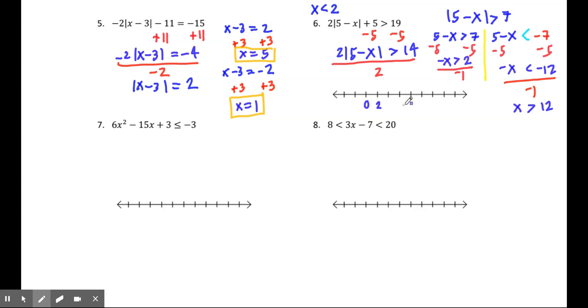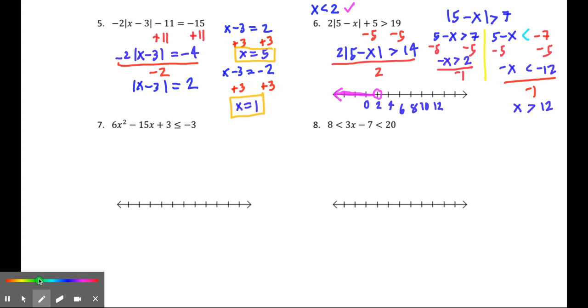So if you go by 2s, for instance, then actually go by 2s. Okay, so x is less than negative 2 means that you want to do an open dot at negative 2 and then shaded this way. So that's this one.